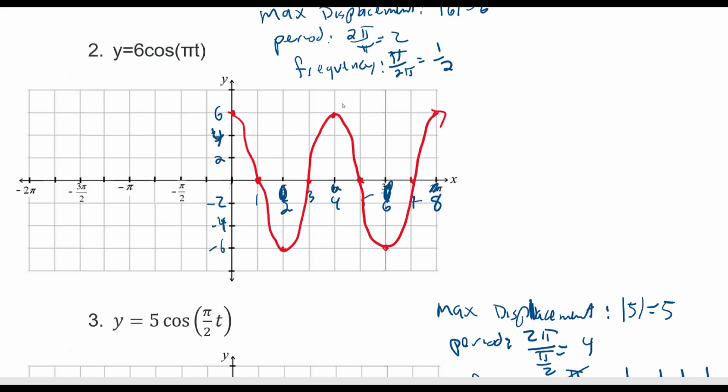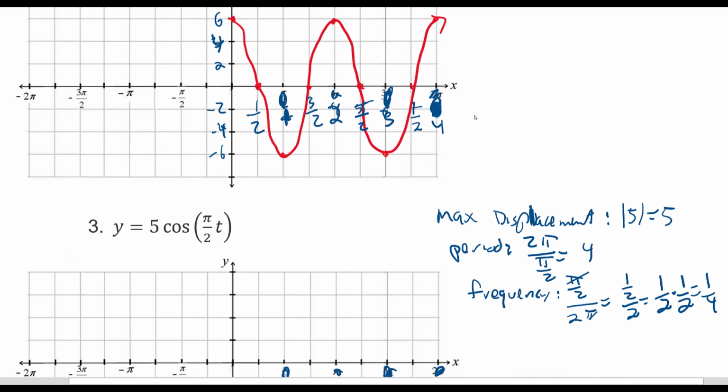Oh, I got the scale wrong. That's 1/2, then 1, then 3 halves, and then this should be 2. And then we have 5 halves, and then 3, and then this would be 7 halves, and then this would be 4. Okay, sorry about that.